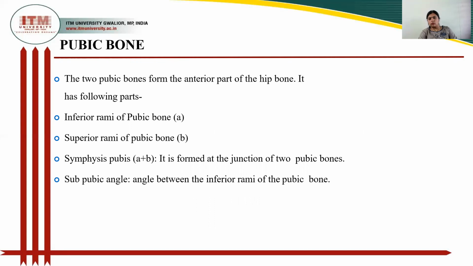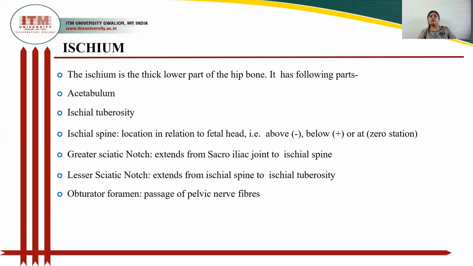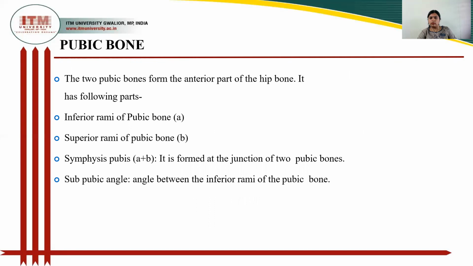So we have seen about the innominate bones, and then the ischium. Now we are going to the symphysis pubis bone, or the pubic bone. That is the frontal portion. It is from the anterior part of the hip bone, and it has the inferior ramus, the superior ramus, and the symphysis pubis.